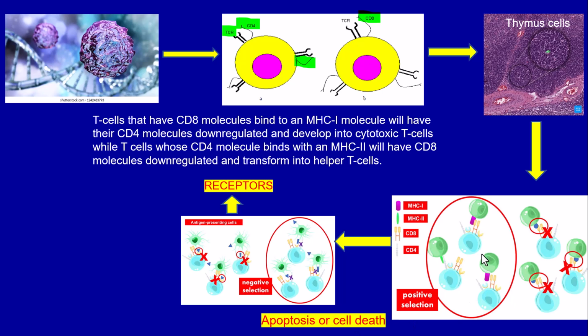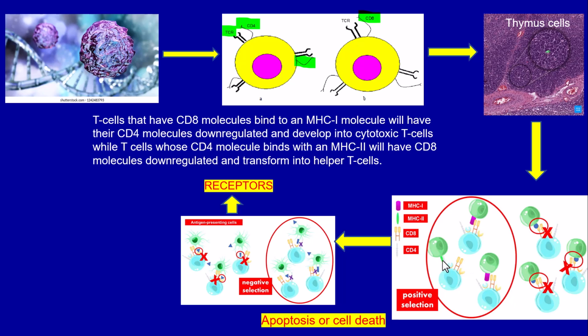Another event which happens here in the thymus: when the CD4 molecule attaches to the thymus receptor, and it is marked OK, then on this cell only the CD4 molecule is produced, and CD8 is inhibited. So this inhibition of the CD8 molecule is called negative regulation.